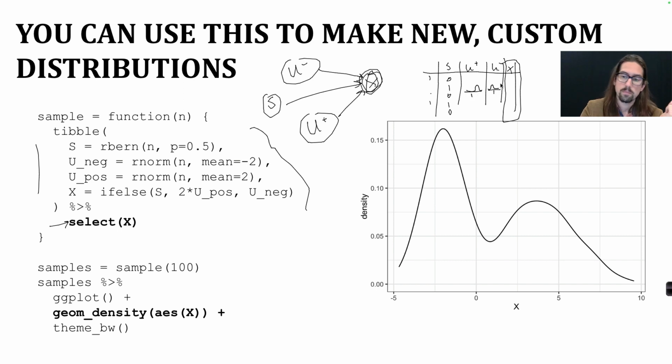So it's like that. And now x, I let that be u plus if s equals 1. So in the cases where s equals 1, I choose whatever value I have for u plus in this row here. If it's 0, I choose whatever value I have over here.